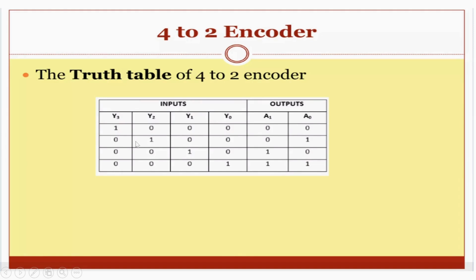The same for the others: we pressed 1, we got the binary value of 1, which is 0, 1, and here y0, y2 and y3 are turned off, 0. Only one switch is working at a time. That is how we got the outputs of the 4 to 2 encoder.